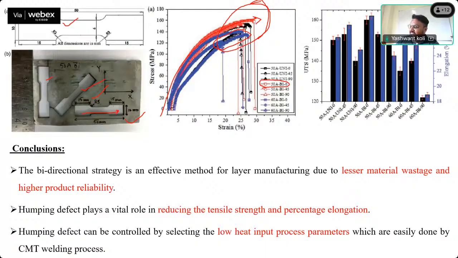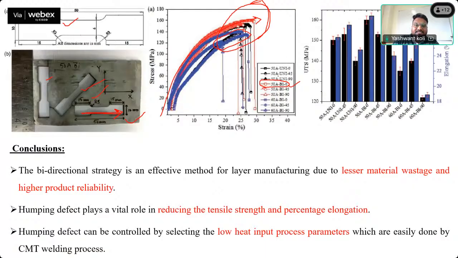So longitudinal direction, once again. So maximum tensile strength is achieved at 50 ampere bidirectional, 0 degree.